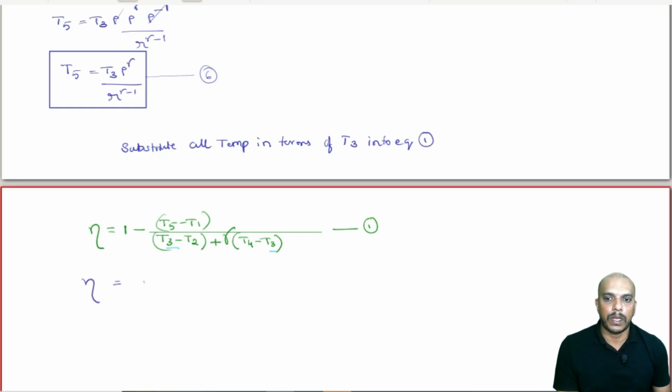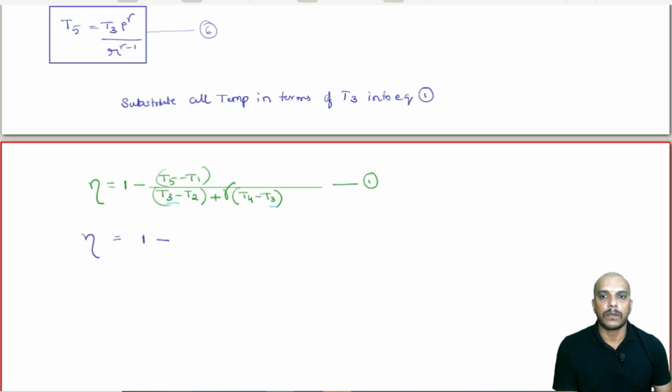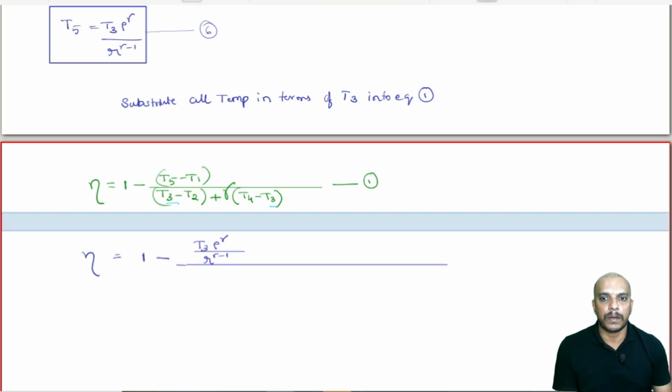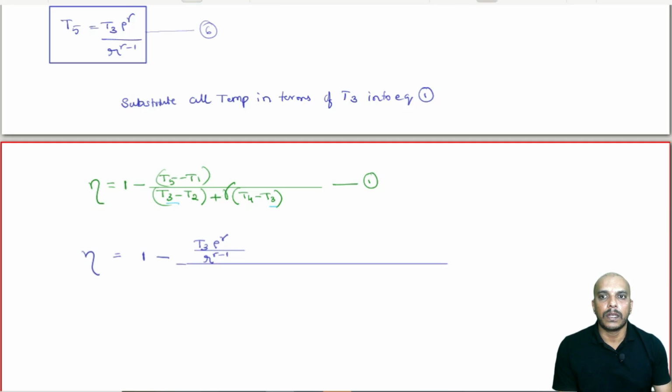Now I will go back here. Efficiency is equal to 1 minus, now T5 in terms of T3. T5 is T3 rho power gamma divided by R power gamma minus 1. Now, what is T1 in terms of T3?